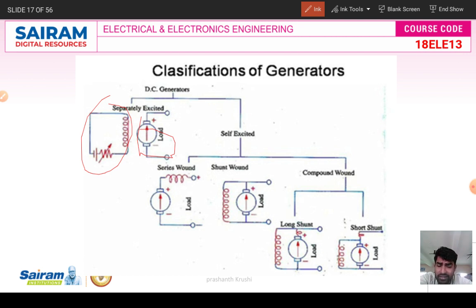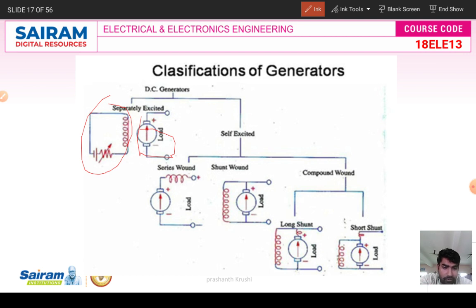In that we have series wound, where the field winding is in series with the armature, and shunt wound, where the field winding is in parallel with the armature. Compound wound has both shunt and series field windings in the generator. In the long shunt compound generator, the shunt field winding is parallel with both the armature and the series field winding.